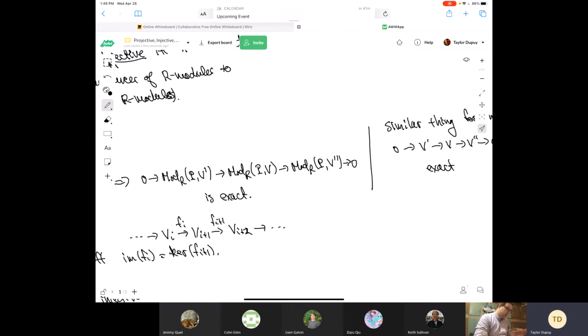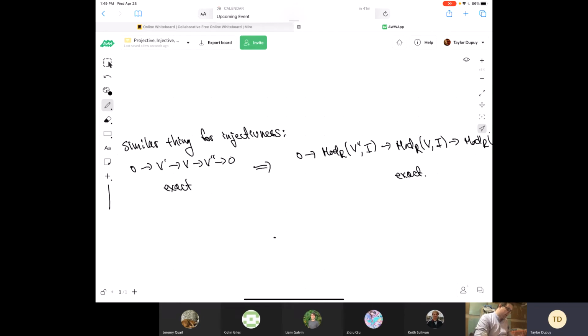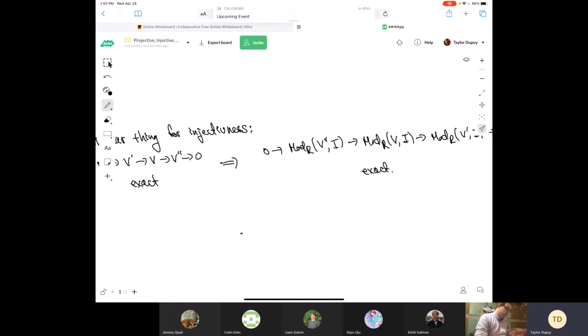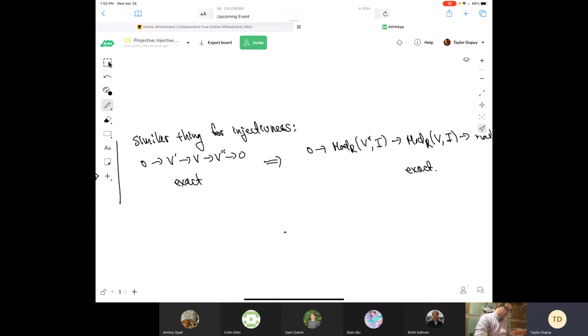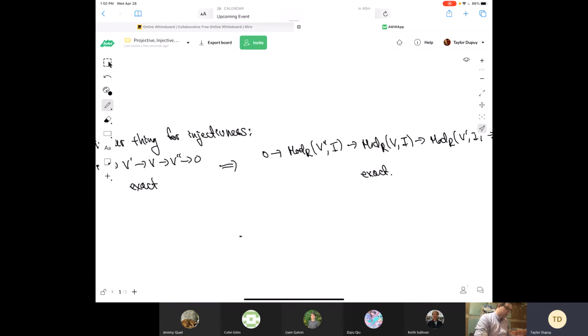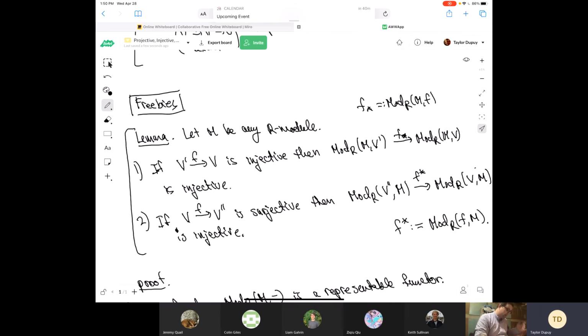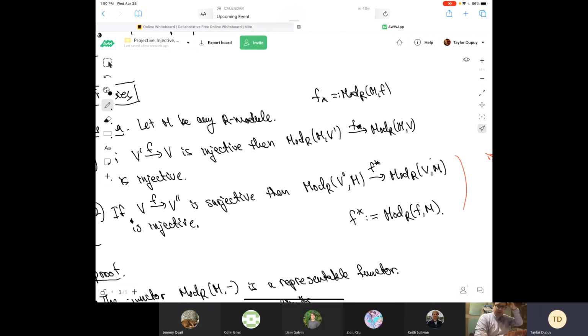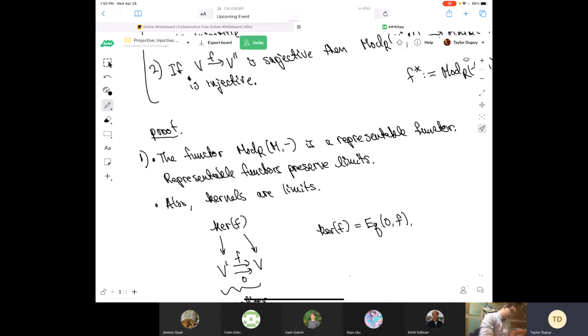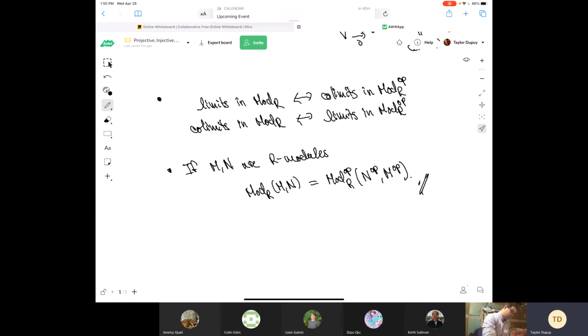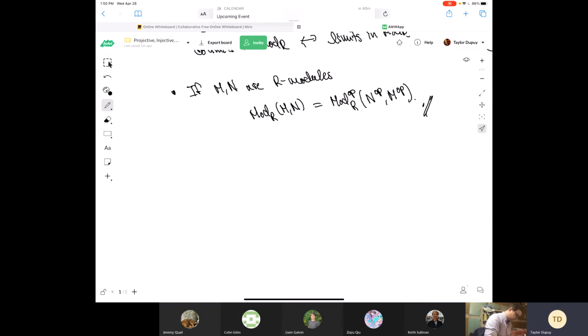Similarly, for injective, we thought that we would have to check two conditions for I to be injective: that surjections go to injections and injections go to surjections. We don't. This one always confuses me, but we get one of them for free, and it's that surjections go to injections. So as a corollary, we get the following.